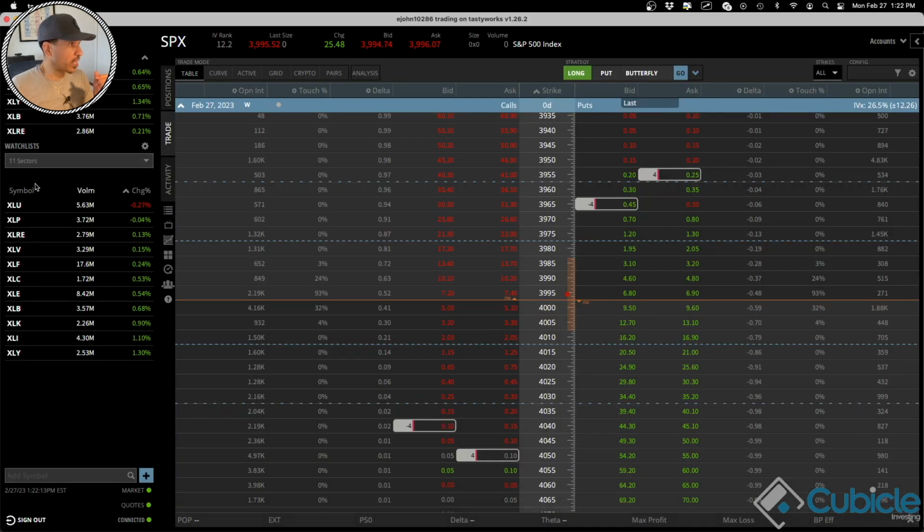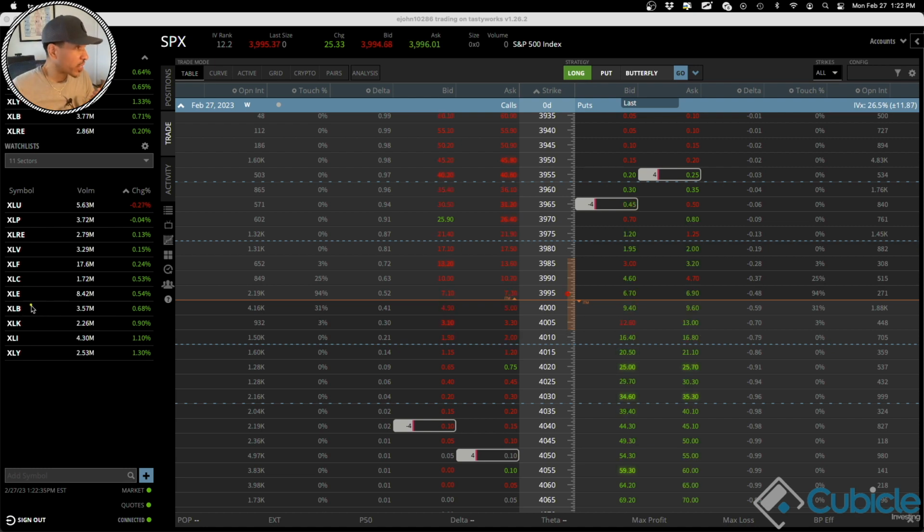And again, like I said, the 11 sectors that make up the S&P 500 were all in the green. Specifically, I'm always looking at the XLK and also the XLV. XLK is the information technology sector, and it has about a 28% weight or influence on how the market moves.